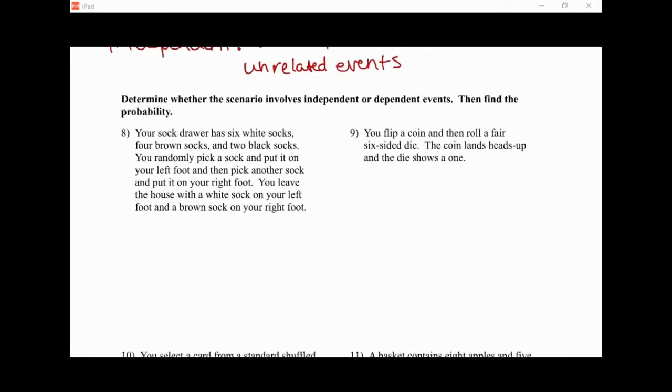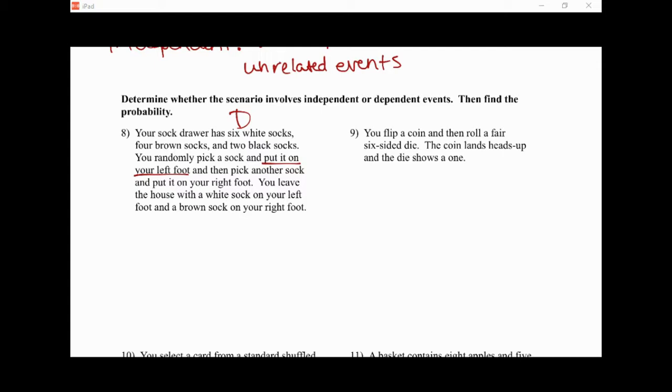Examples. All of them today are going to ask you to say whether it's dependent or independent, and then find the probability. For the first one, you've got a drawer of socks. There are 6 white, 4 brown, and 2 black. You randomly pick a sock and you put it on your left foot. That tells me it is going to be dependent because you took a sock out and you didn't put it back.